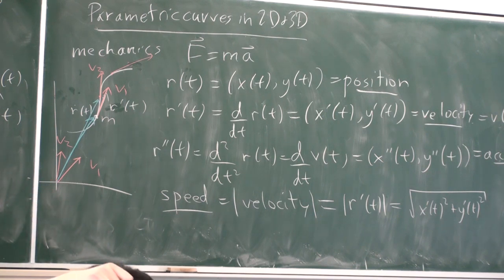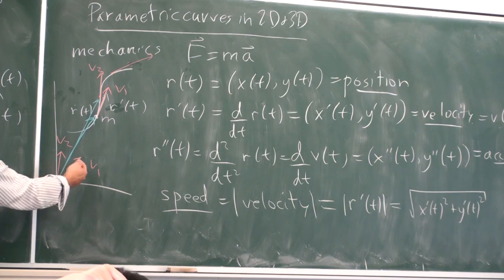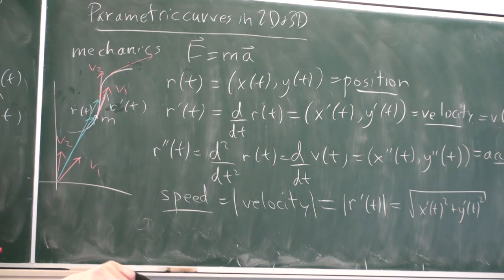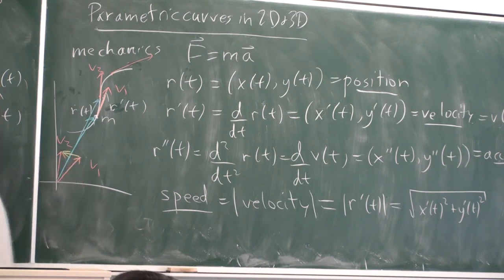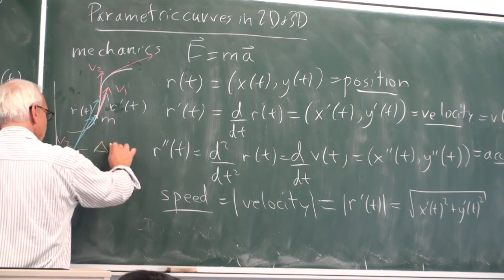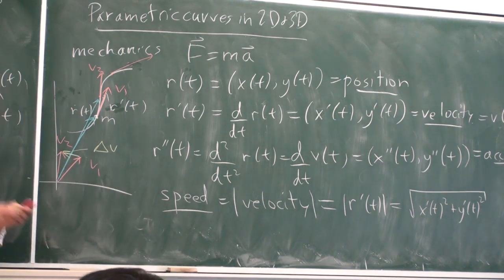In that case, the change, v2 minus v1, is, well, you're going from here to here, so the change in the velocity is really measured in this diagram rather than directly here. So we should think of this as being the change in velocity. And then if we divide that by t and look at some limiting value, we get an acceleration.